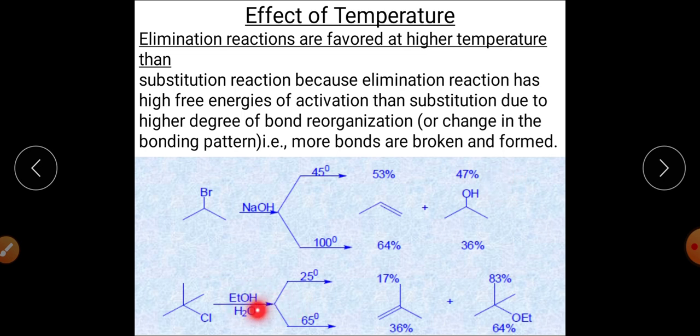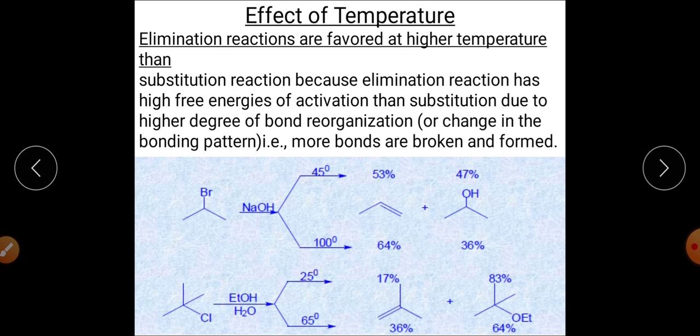Similarly, you can see here at 25 degrees Celsius and 65 degrees Celsius, the elimination is 17% only, whereas the substitution is 83%. And when we talk about the same reaction at high temperature, 65 degrees Celsius, you can clearly see that this 17% has been increased to 36%. Elimination is favored as compared to substitution.